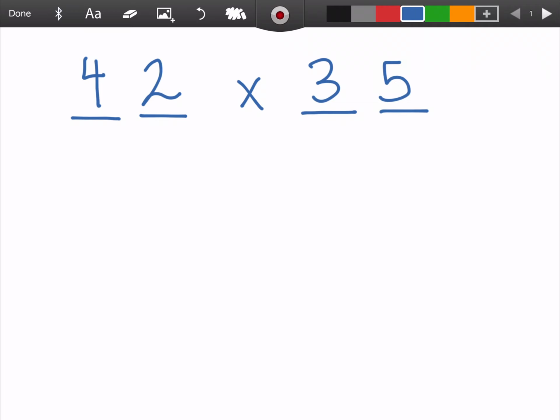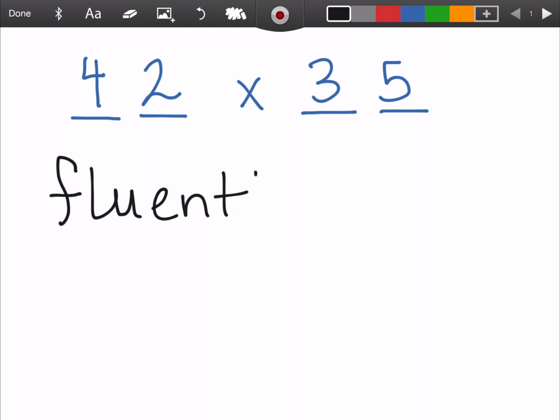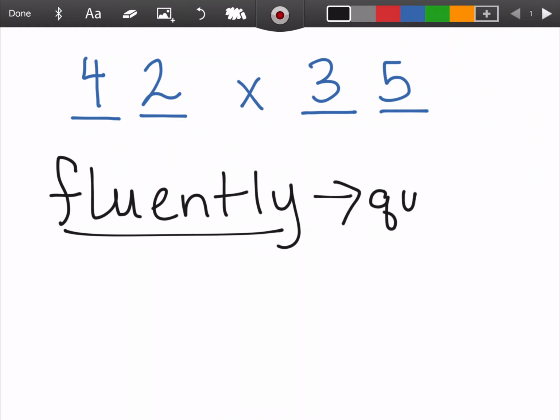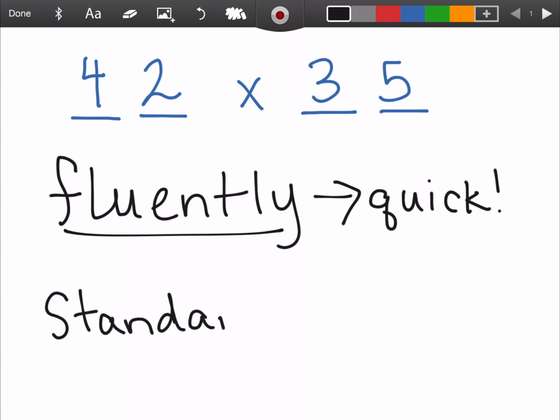Now, the goal at the end of the year in 5th grade is to be able to do this fluently. That means quick. And to do it using the standard algorithm.